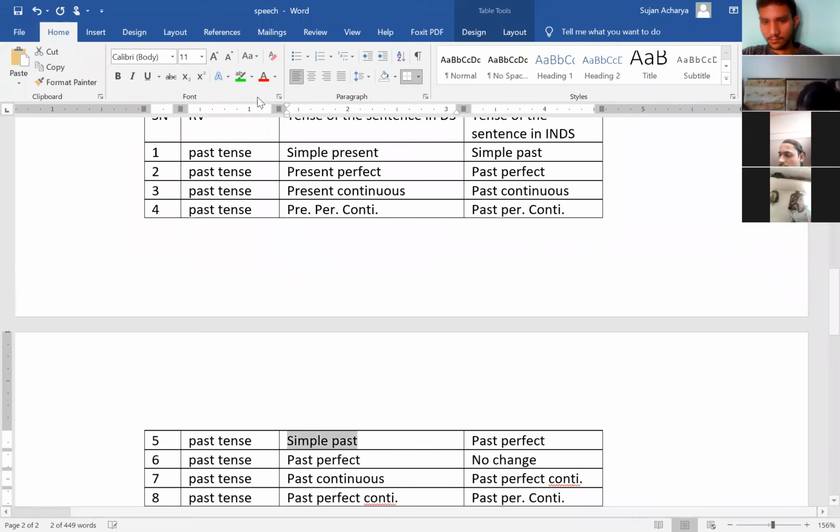Simple past changes into past perfect. Past continuous changes into past perfect continuous.